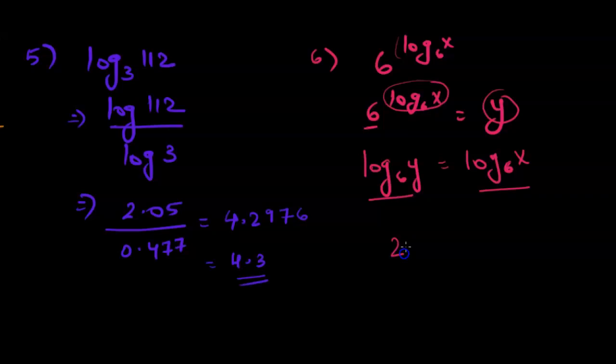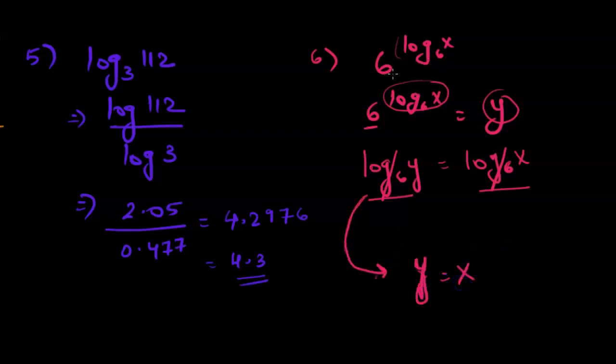With the same bases, when we write 2 to the power of 3 and 2 to the power of x, we can cancel the same bases and make the powers equal. Similarly, we can also cancel the logs if they are exactly the same on the two sides of the equal sign. So log to the base 6 and log to the base 6 we can cancel out, and we can finally write down that y is equal to x.